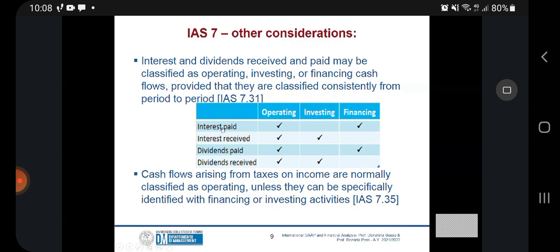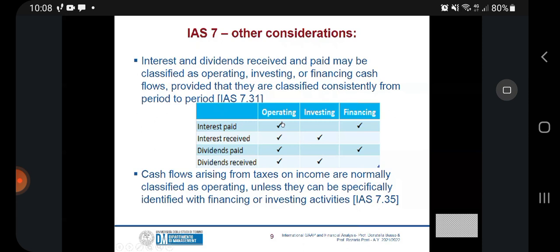Interest paid will be part of financing activity, but IAS 7 also allows you to include interest paid in the operating activity. This is usually made with the argument that we receive loans and debts not for the sake of having liabilities, but for the sake of helping the operating activities.